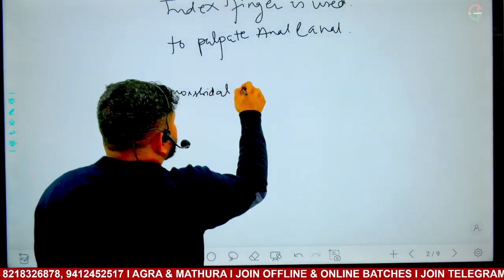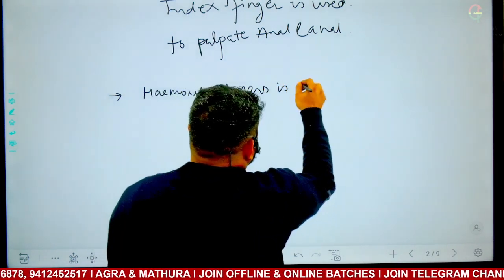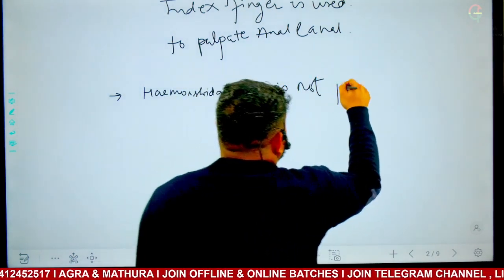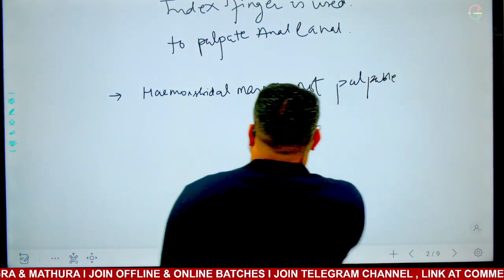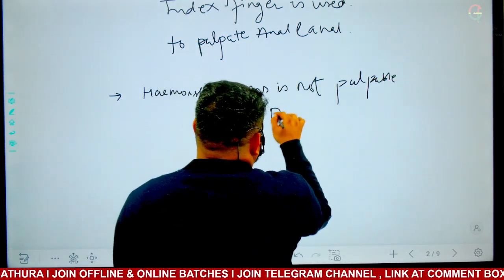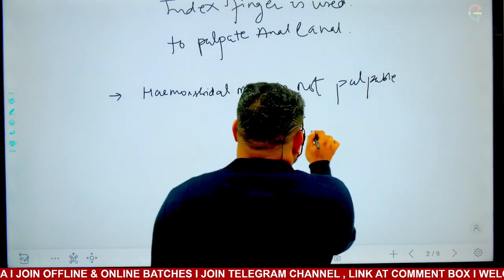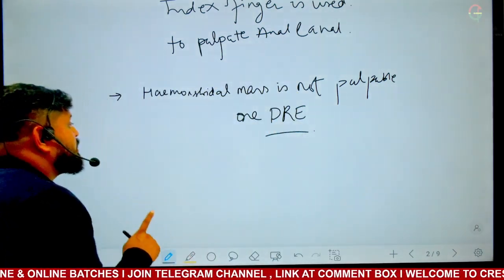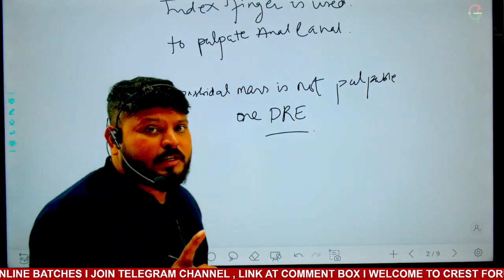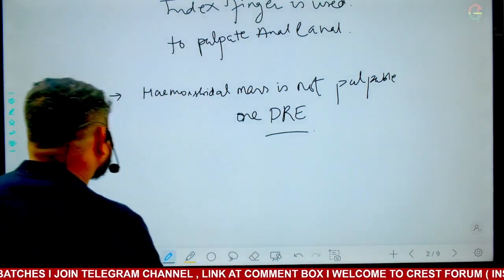Hemorrhoidal mass is not palpable on DRE. Its diagnosis is solely made on the clinical examination with the proctoscopy.